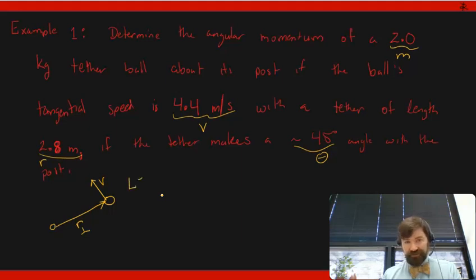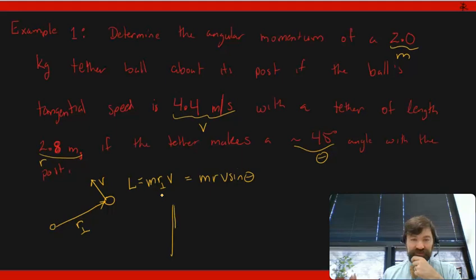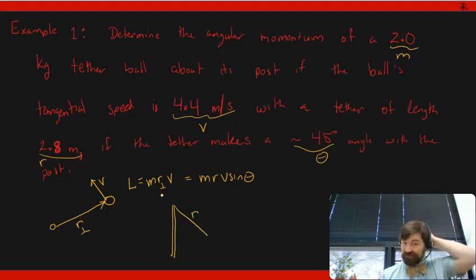And by the way, L would be m r perpendicular v, which is by definition m r v sine theta. From the side, I have my post like this, and then I've got a tether which has a given value of r here, and a tether ball. This right here would be my r perpendicular value, and this right here is my angle theta.